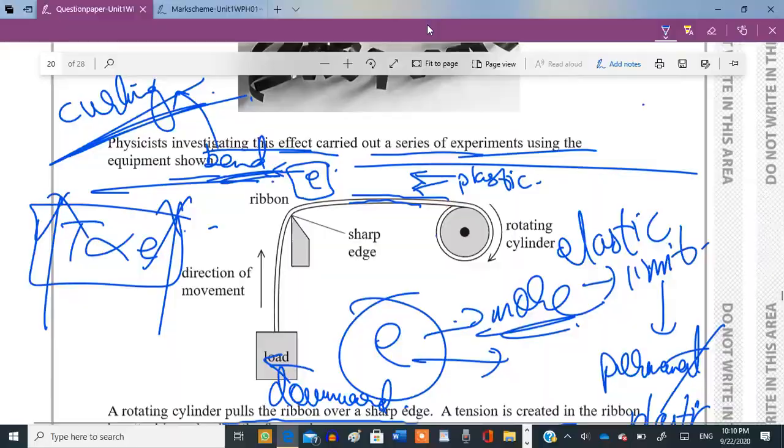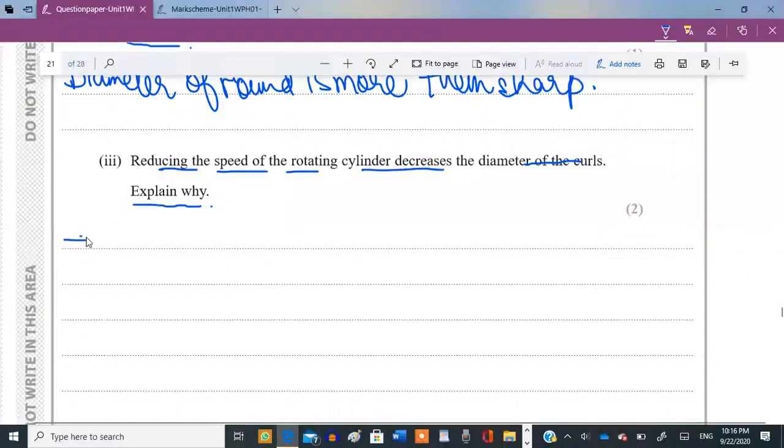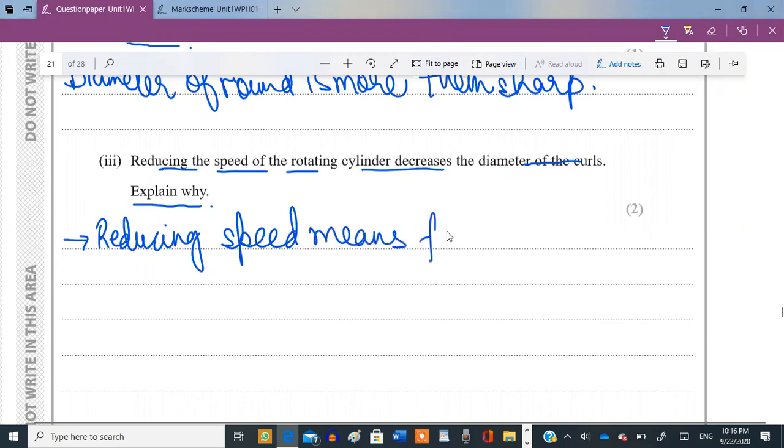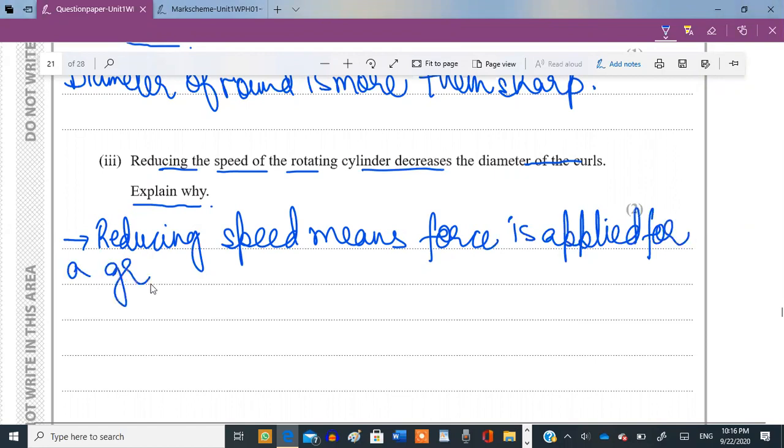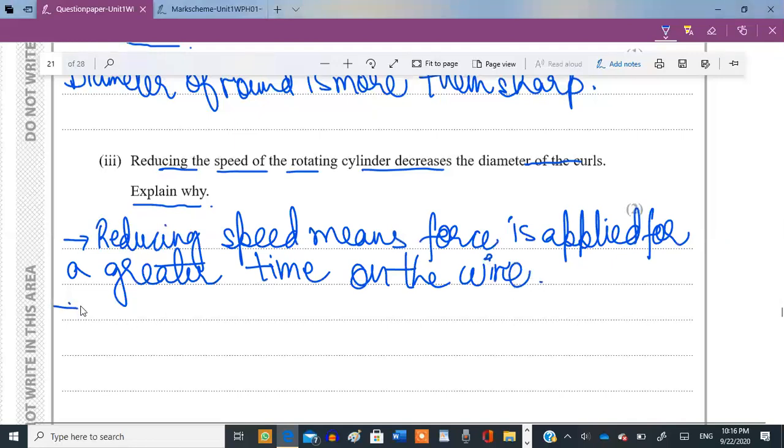So reducing the speed means force is applied for a greater time on the wire, and if force is applied for a greater time on the wire, that means there is more time interval or more distance or more length in between adjacent curls.